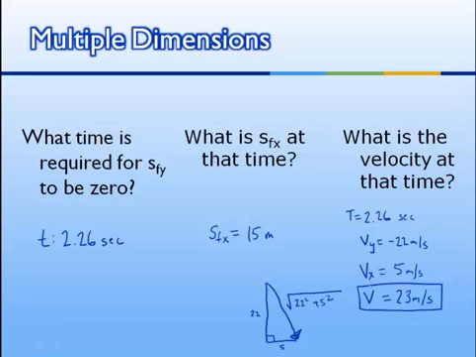It might also be useful to calculate the angle at which we entered the water. So the angle at that particular moment we could measure from horizontal or from vertical. If we find this angle, we would use inverse tangent of the opposite, that would be 5 over 22.